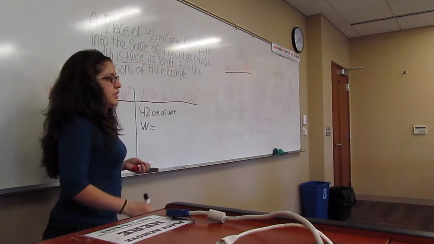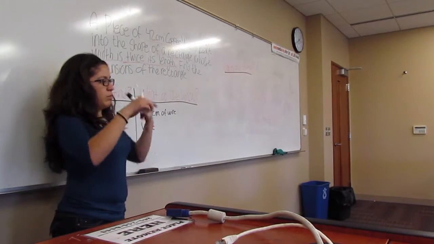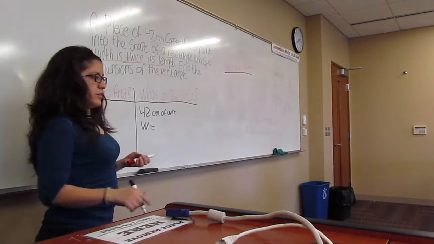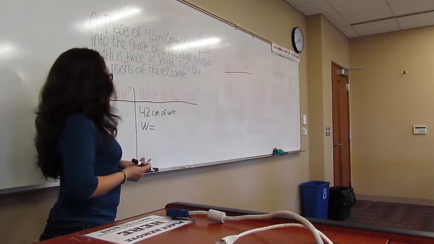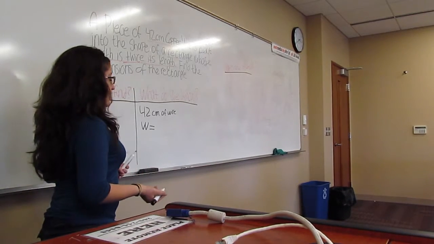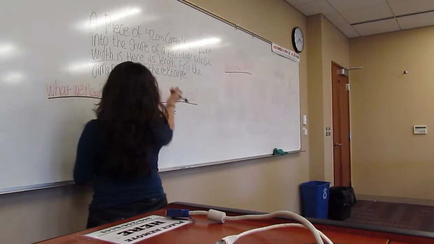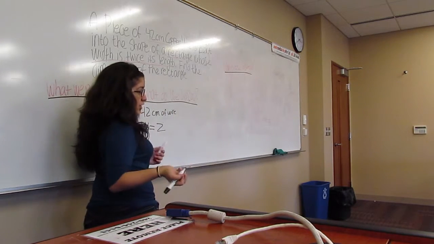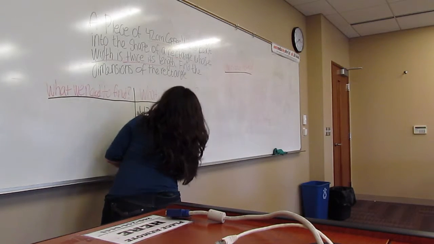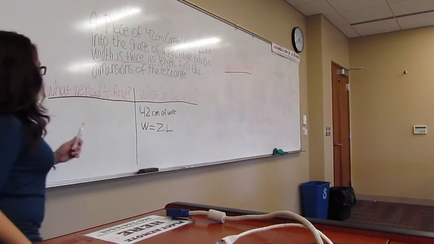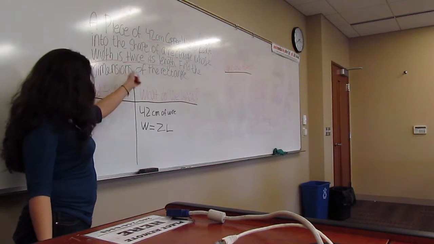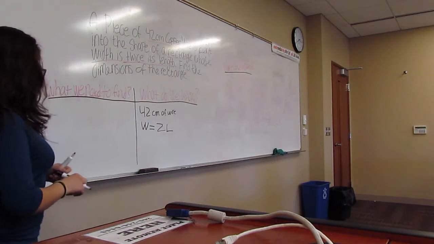What does twice mean? Are we making it go more or less? Twice means 2 times. Cool. And for length, we're going to use the letter L. That is how we translate this sentence into that formula.